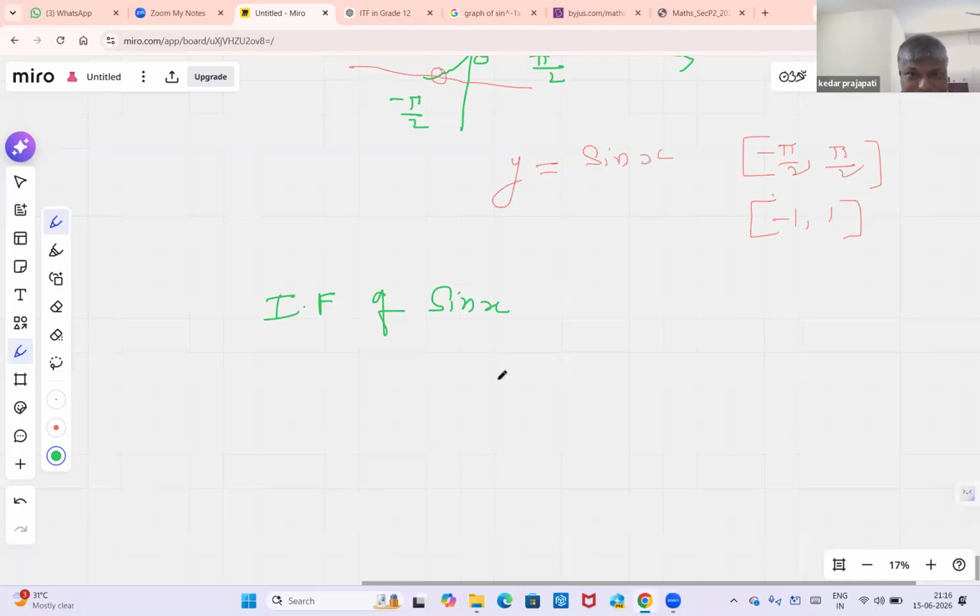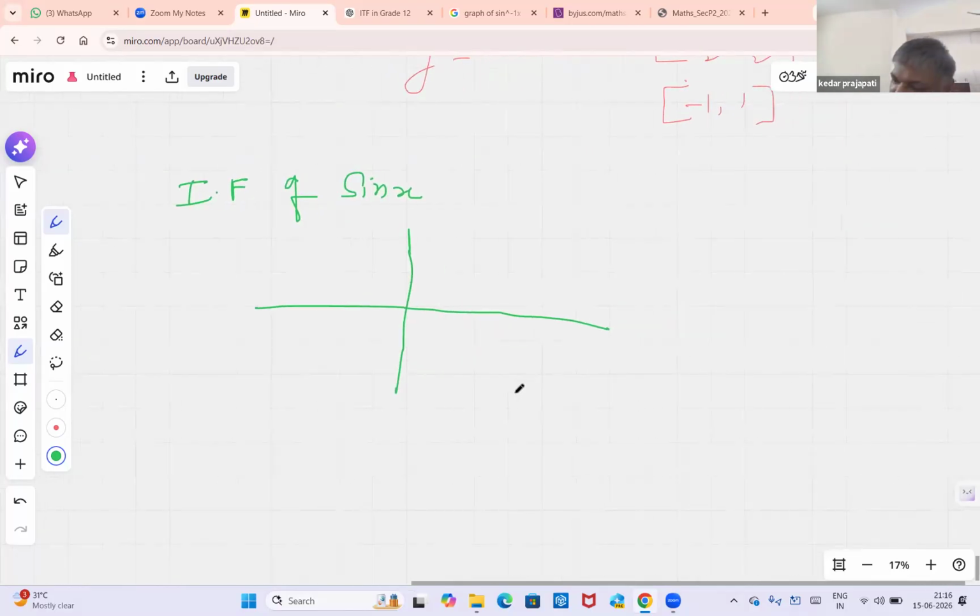So let me draw it here. How do we know that some point is the inverse of this? So let's do a small example.